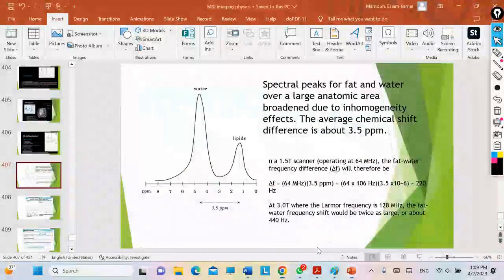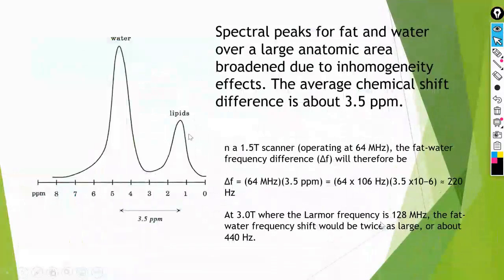I just have the difference I mentioned between the interstitial fluid and water is 3.5 parts per million. This is because the peak for the interstitial fluid is 1.5 and the peak for water is approximately 5. So the difference between the two is 3.5.